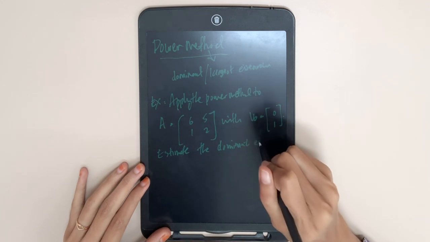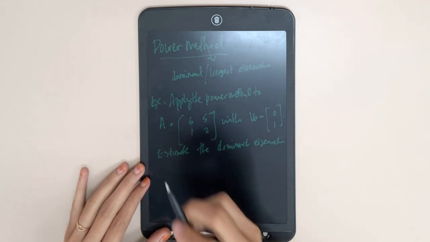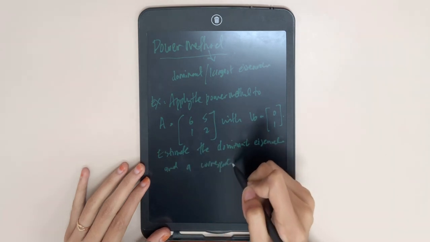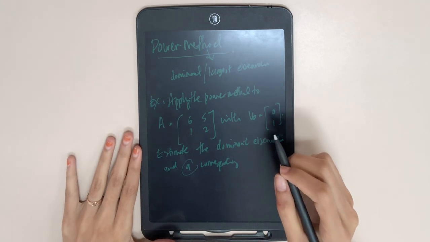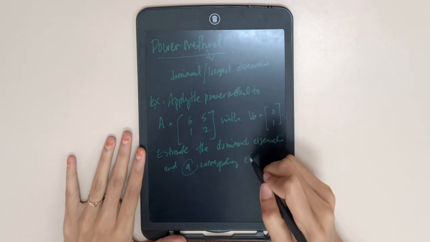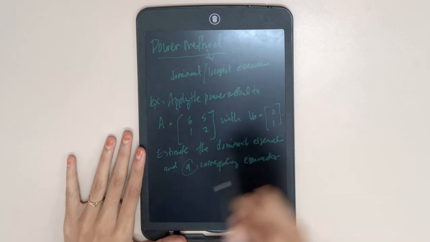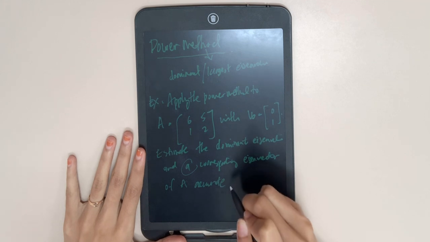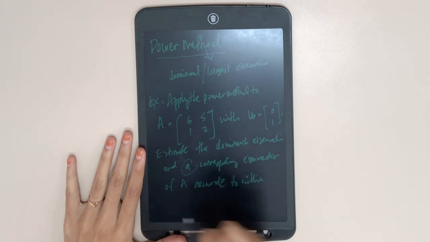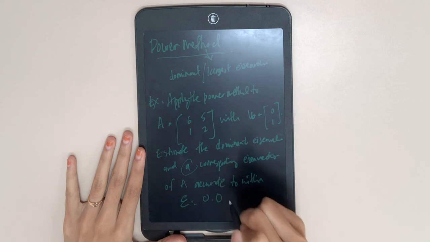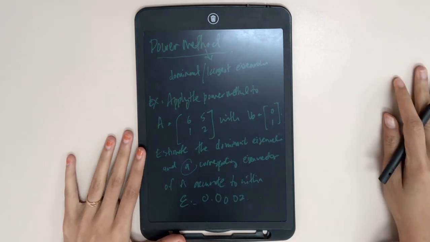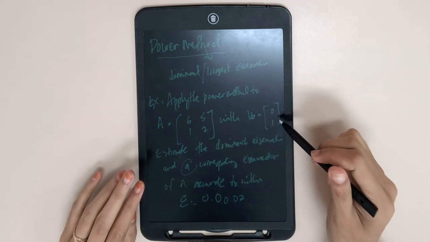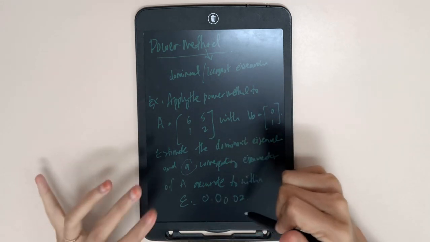Okay, dominant eigenvalue and a corresponding, okay, maksudnya tu satu je lah kan, corresponding eigenvector of A, accurate to within, okay, the error given here is 0.0002. Okay, so this is the example. This is your matrix, this is your initial vector, and this is your error.